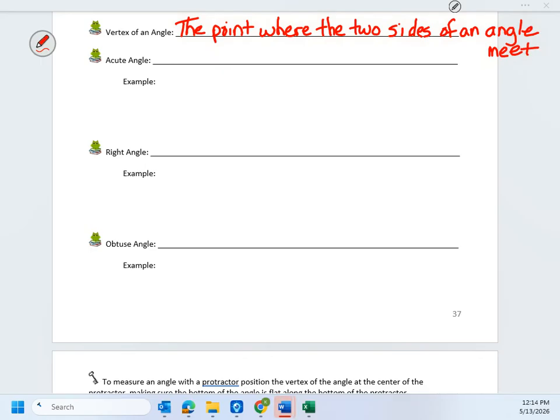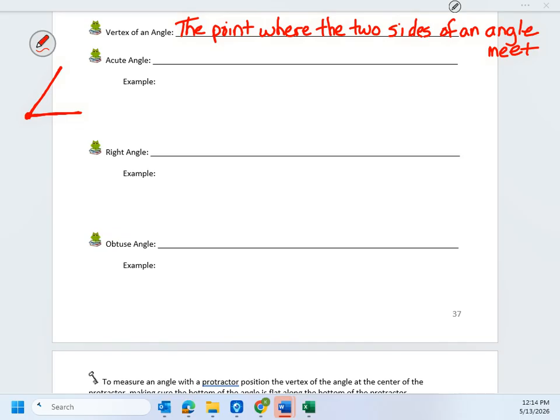So when we look at that angle, we've got one side, we've got the other side. That point where they meet, that is called the vertex. So the point where the two sides meet.